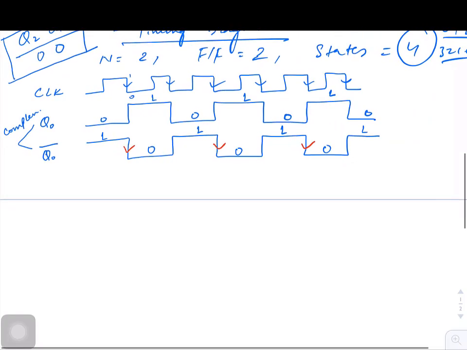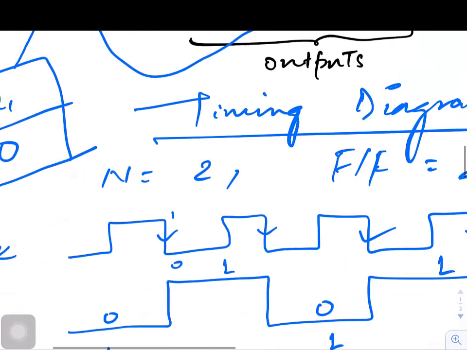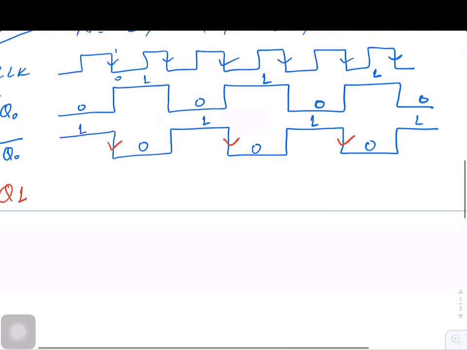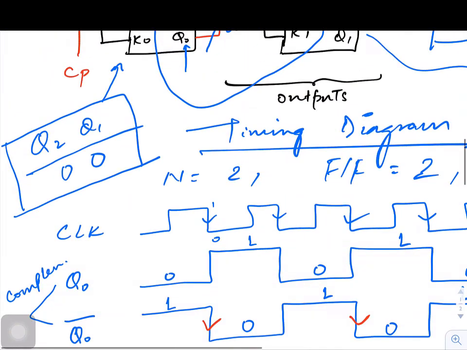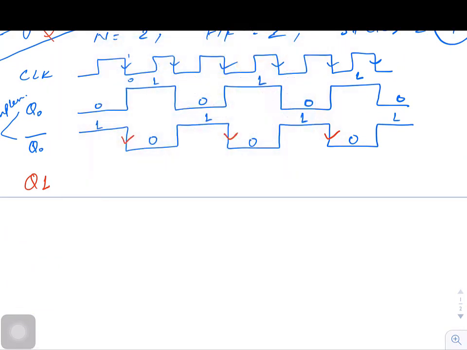While I note it down, this will give me Q1 because Q bar is acting as a clock. Initially the value we are assuming is again 0, so we start from 0. Now we are moving from 0 to 1, 1 to 0, and 0 to 1. Okay, now I can note down the value here.